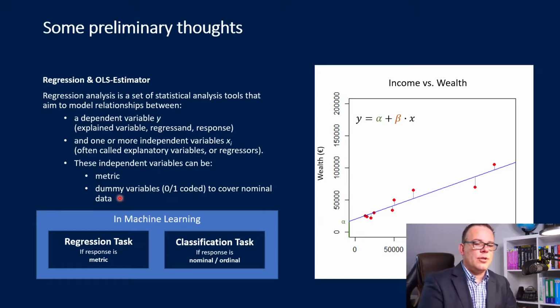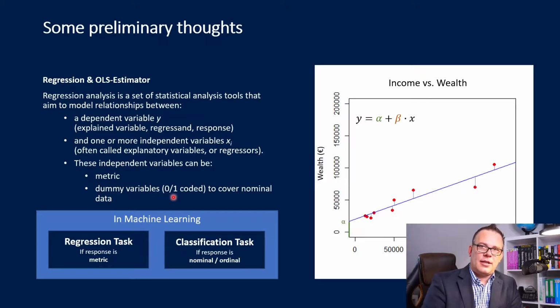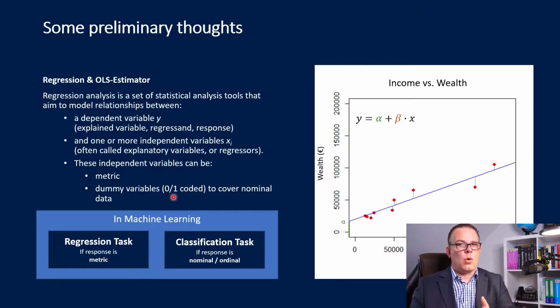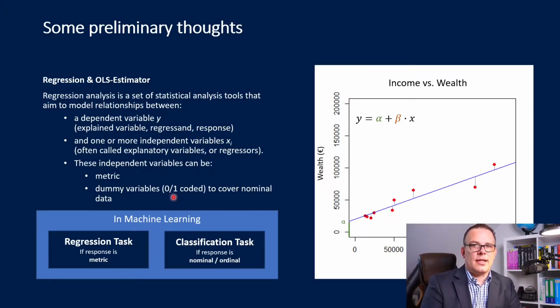We can input a gender variable in those models too, but of course we have to dummify it. Accordingly, we have to do a 0 or 1 coding, which means maybe the male persons get a 1 and the female persons get a 0, and then we can drop it into those models.